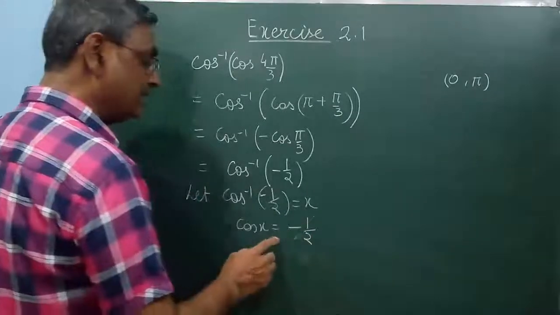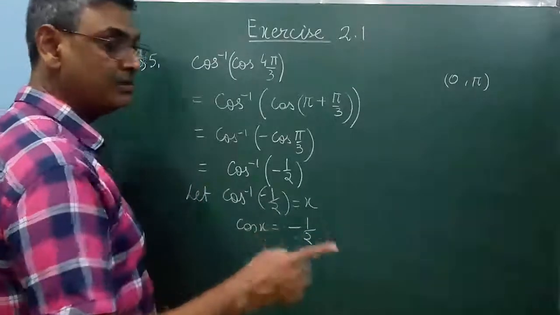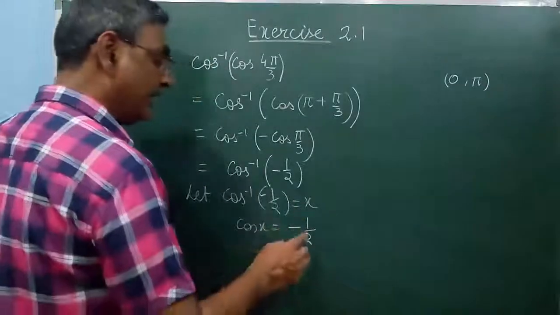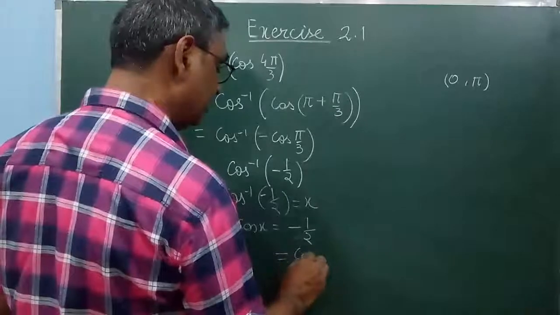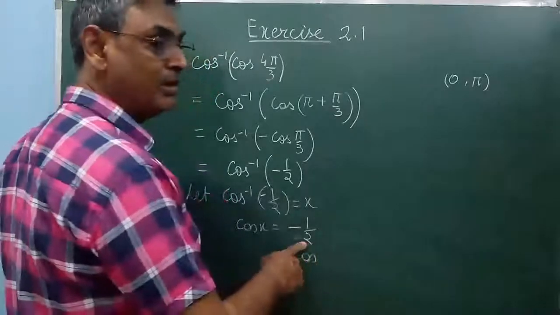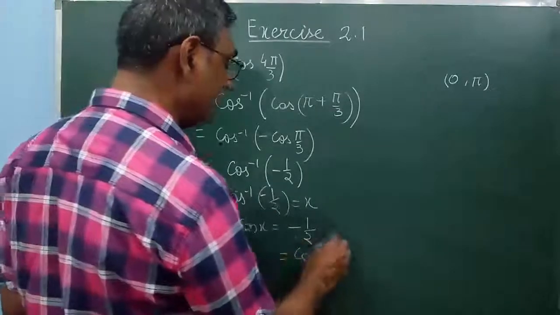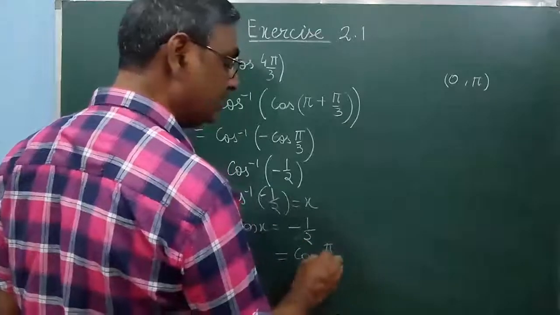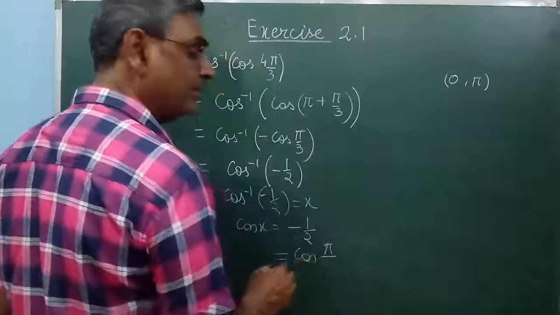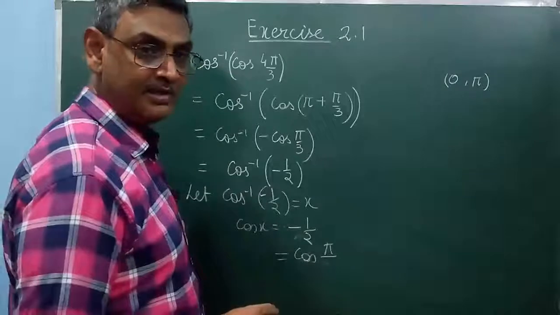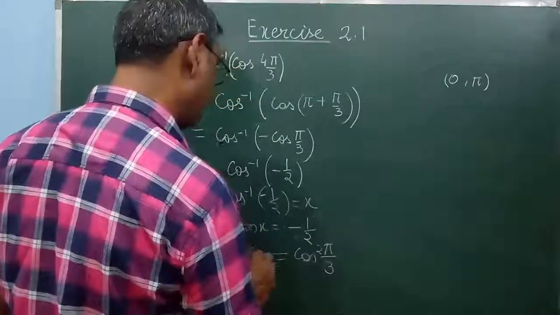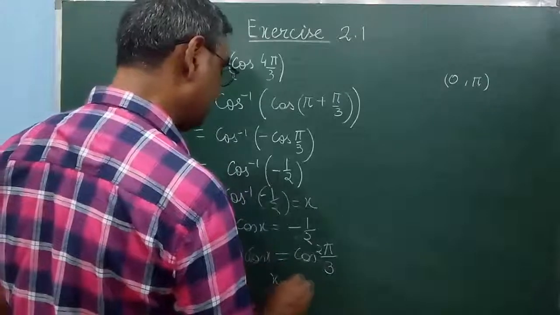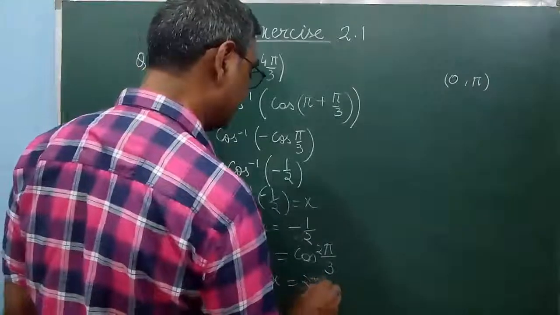So when is the value of cos negative? Cos is negative in the second quadrant, and this is cos 120 degree. 120 degree means 2 pi by 3, since 60 is pi by 3. So cos x equal to cos 2 pi by 3, so x equal to 2 pi by 3.